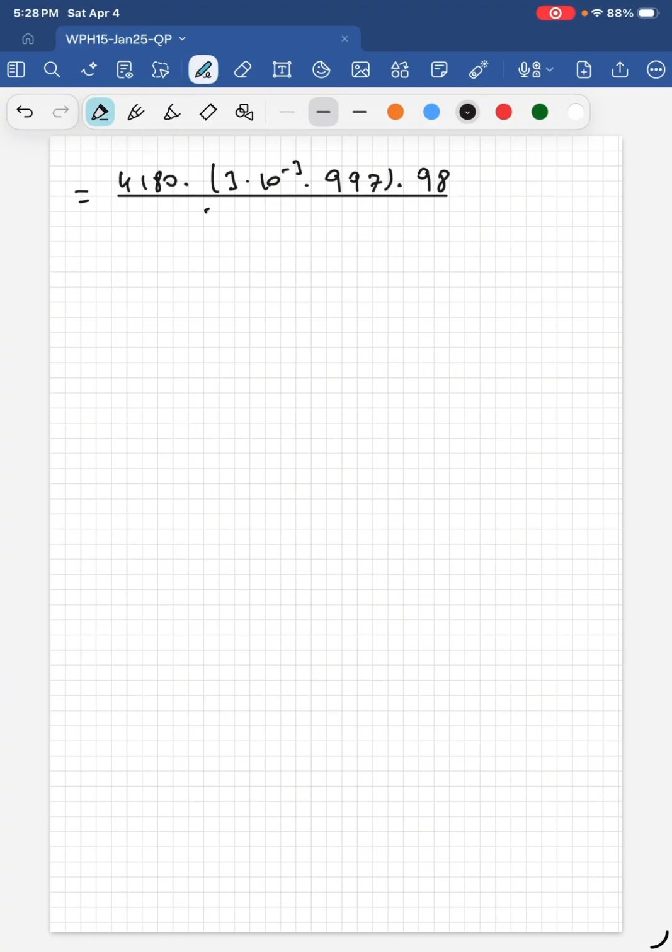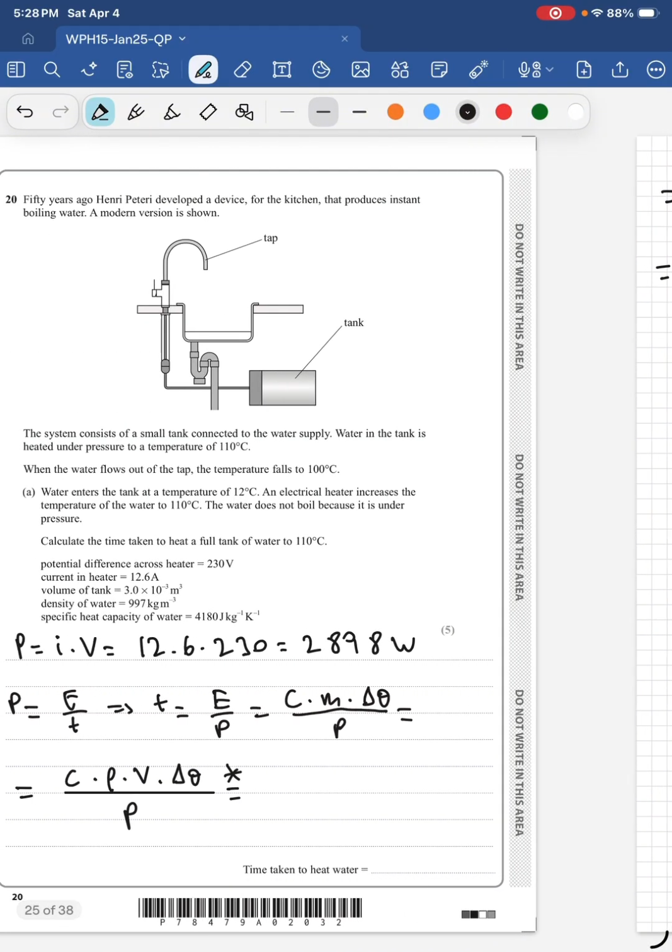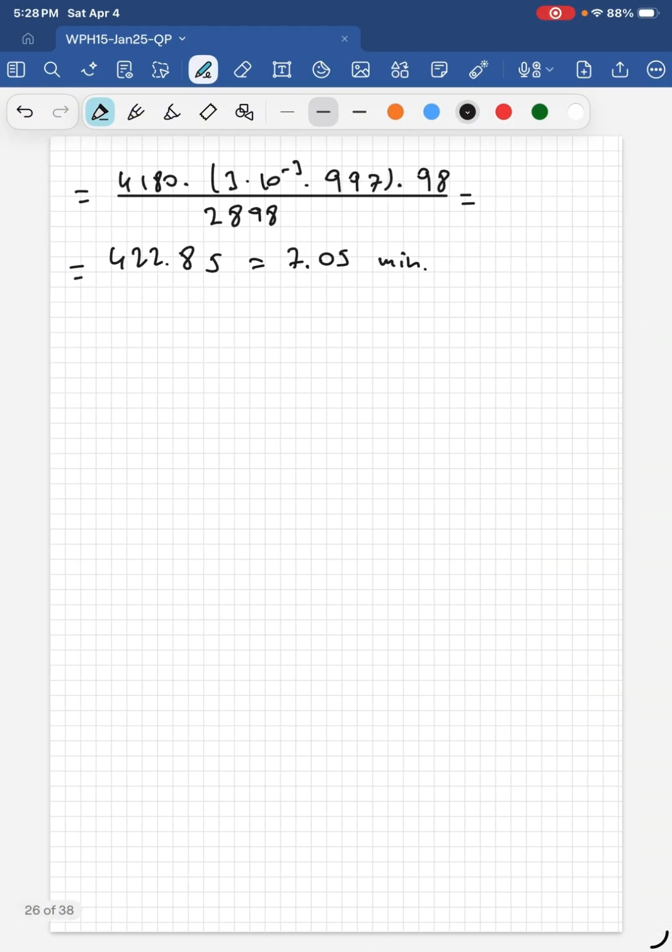And we divide by the power, which is 2,898 watts, which we calculated, and this will yield 422.8 seconds, which is about 7.05 minutes. Okay, and yes, we have to move on.